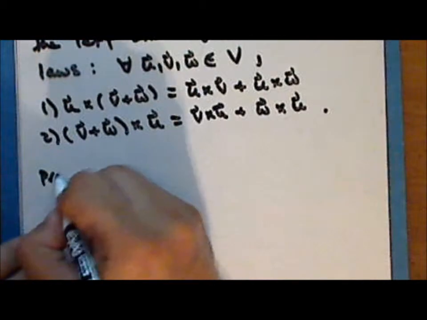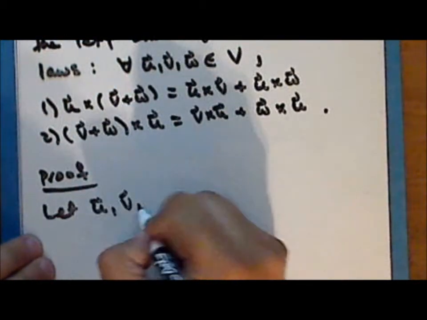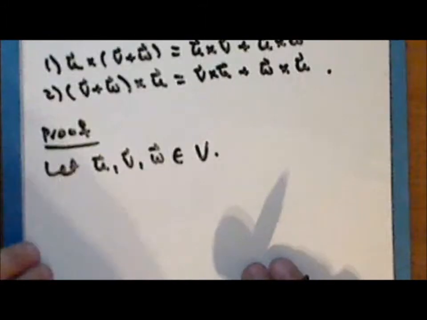So proof: let u, v, and w be three vectors in the three-dimensional vector space V.